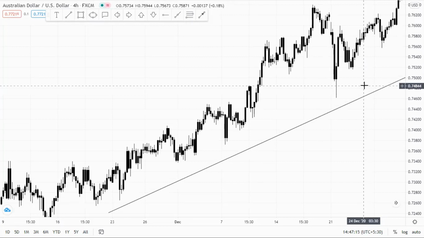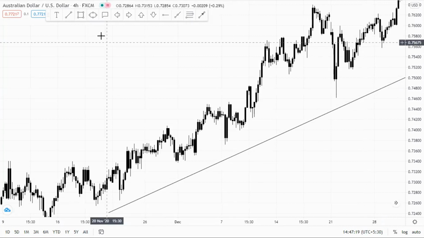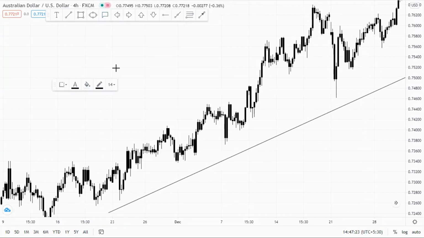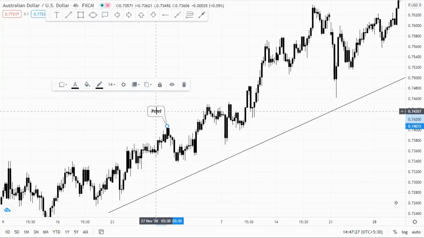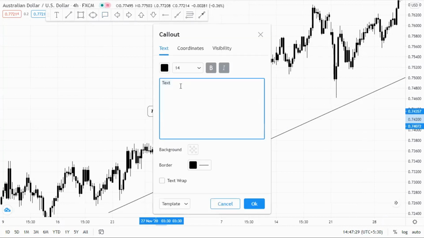So an uptrend is characterized by higher highs and higher lows.